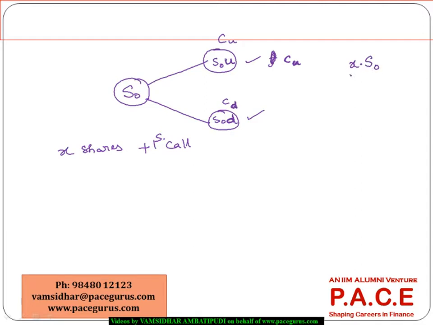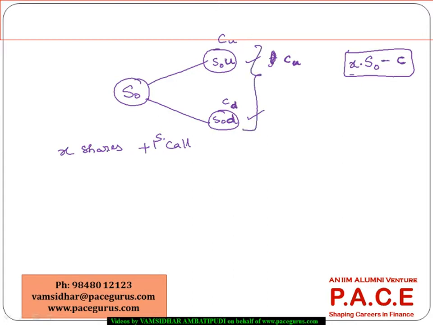I would have invested X times S naught, and because I have sold a call option, today, whatever is the price associated with the call option, I'm going to get that. So today's amounts are going to be something like this.